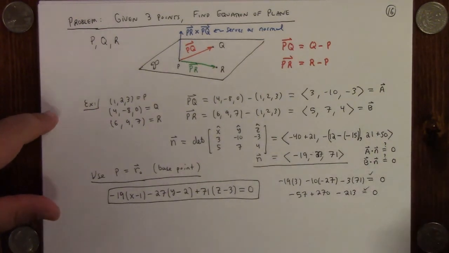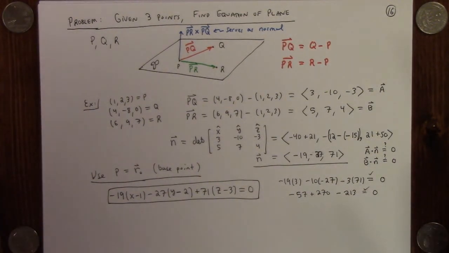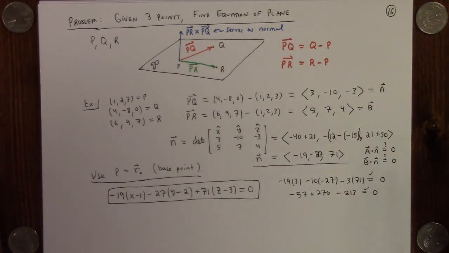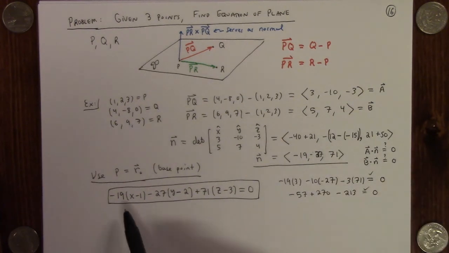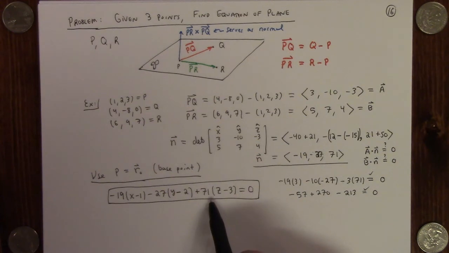And then you can start asking other questions about the plane if you're interested, like does this plane go through the origin? How would you decide whether or not this plane goes through the origin? Well, plug the origin in, right? So plug in x equals y equals z equals 0, right? Then you're left with 19 plus 54 minus 213, which is not equal to 0.